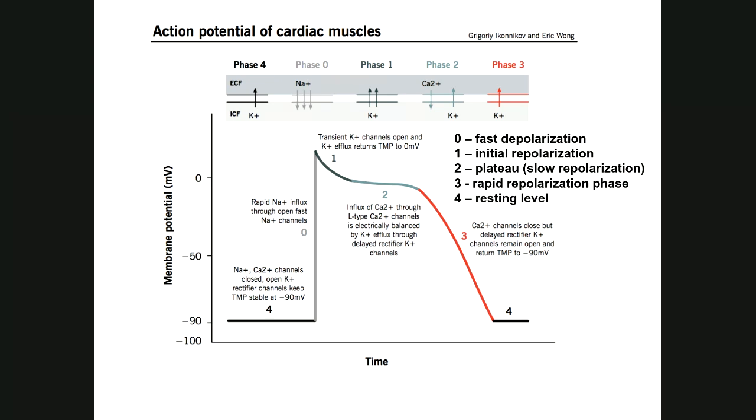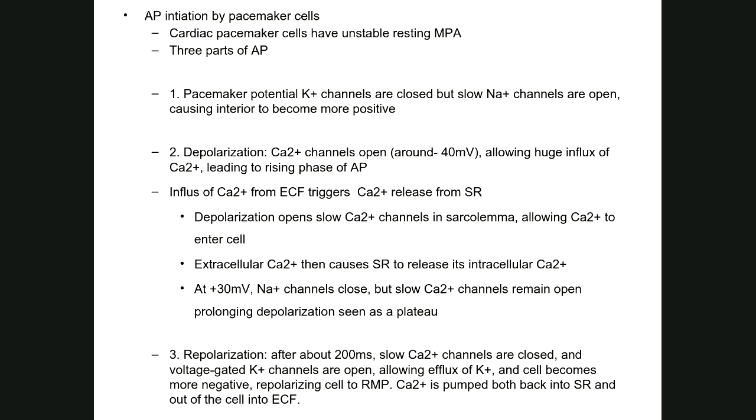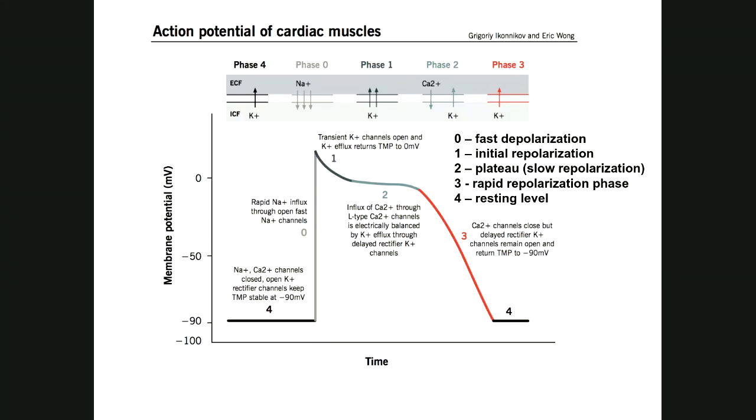rapid repolarization. The rapid repolarization is caused by the efflux of potassium, and the cell becomes more negative, repolarizing the membrane to return to the resting potential.